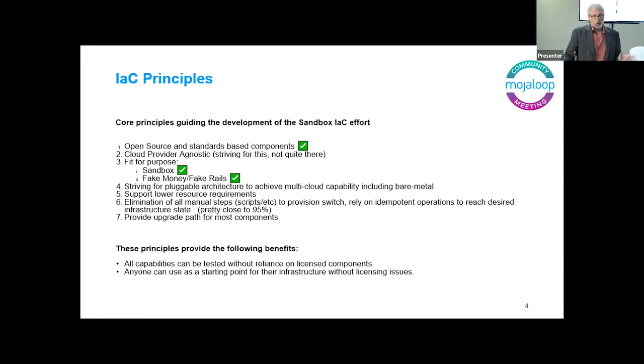So what are the core principles for this development IAC effort, and how has that changed the original choice of components and cloud provider, and how is that going to direct us as we go forward? So for this sandbox, open source and standard-based components is the requirement.